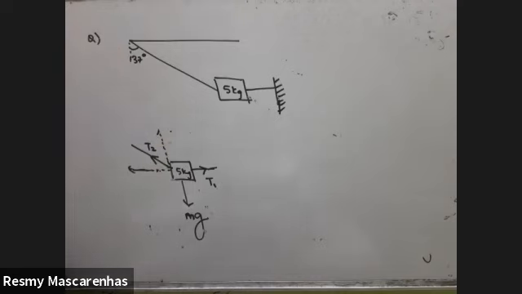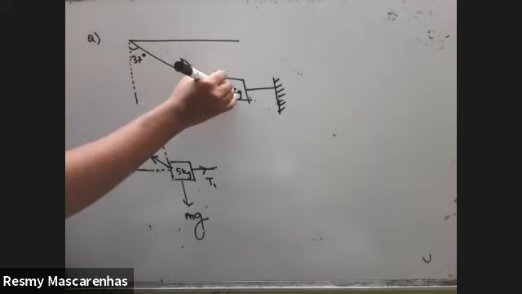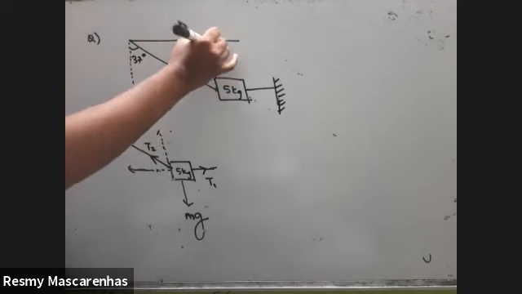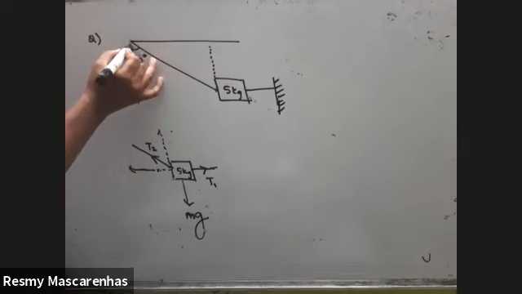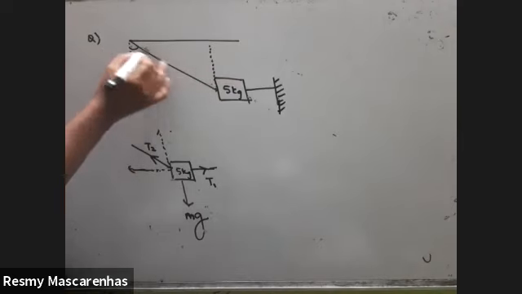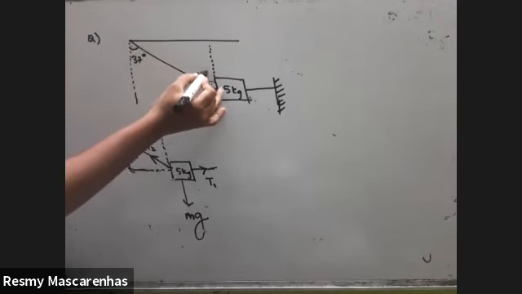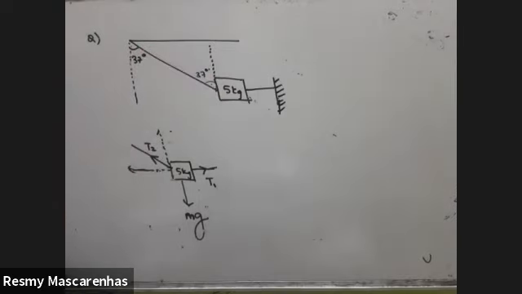As per that, you see, this is 37 degree. These are alternate angles, so this will also be 37 degree. This angle is always equal to this. When two lines are parallel and you draw a line across them, they are called alternate angles.